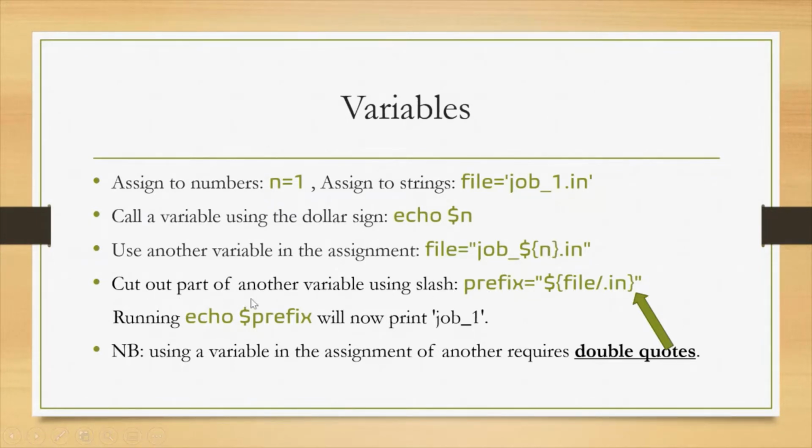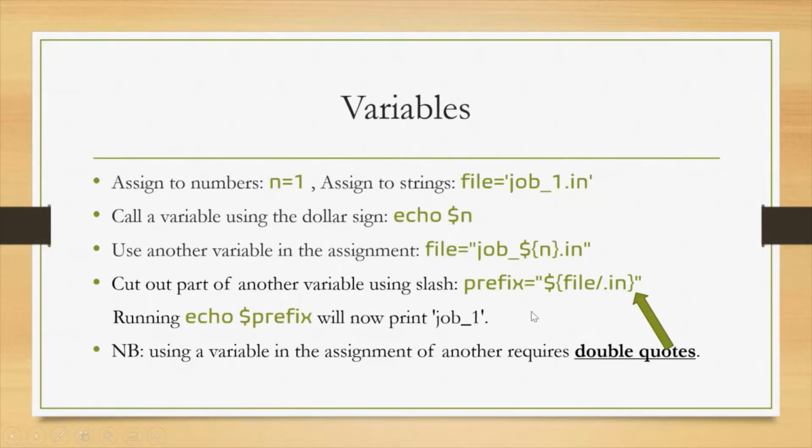To cut out part of another variable, use the %. So if I have a variable named file, and I want the prefix, which is job_1 without the .in, I again use the double quotation marks because we're using another variable in this definition, the $ sign and curly brackets and file, so that gives me the file name, and the % means it cuts off the .in.